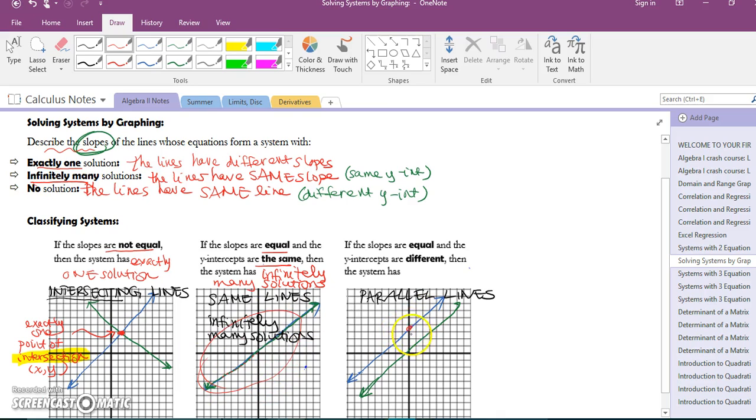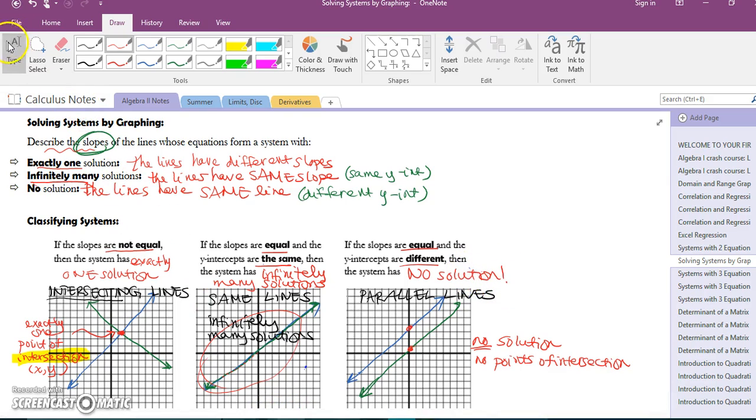You want different y-intercepts but the same slope. You have parallel lines. There is no solution here. And there's no points of intersection. That is a third and final case that you can have. So right here, if the slopes are equal, the y-intercepts are different, the system has no solution.